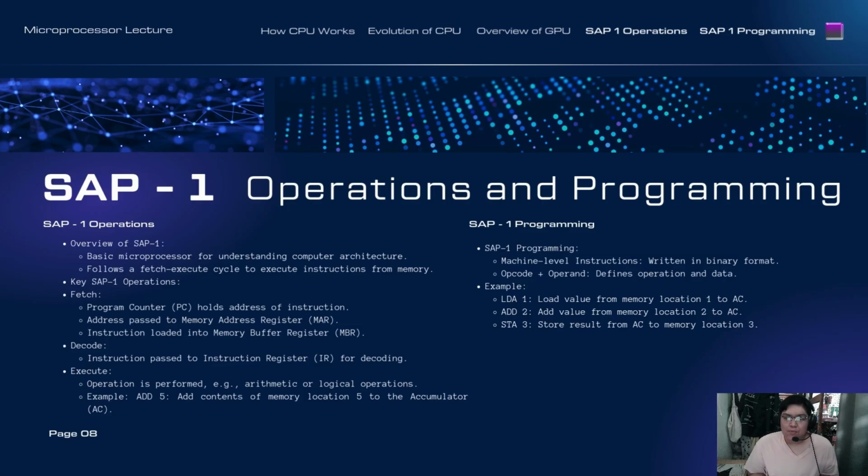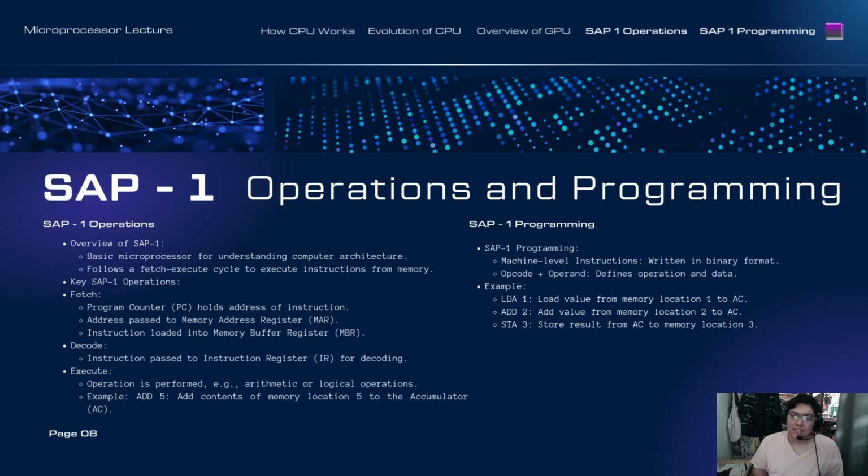And the SAP1's simplicity also allows programmers to visualize the flow of data through the microprocessor. As instructions are fetched, decoded, and executed, the programmer can track how each component of the microprocessor works together to carry out operations.